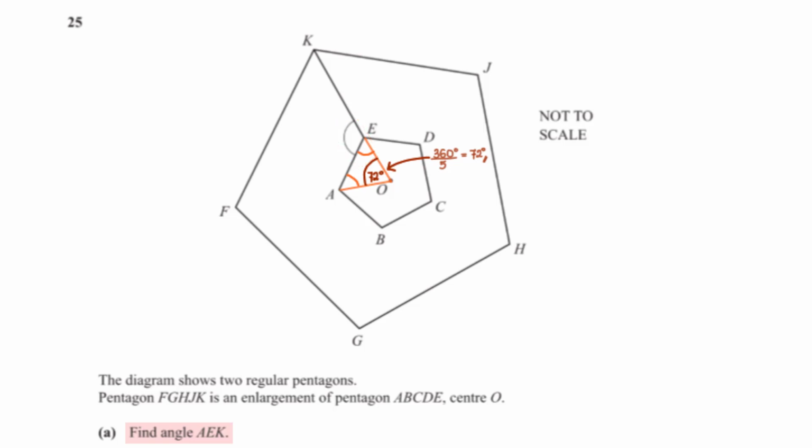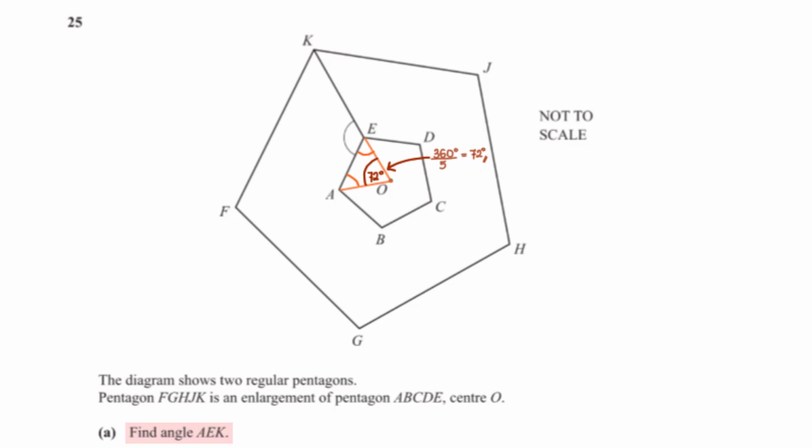The pentagon ABCDE can be split into 5 congruent triangles. This means angle AOE is 360 degrees divided by 5, which is equal to 72 degrees. The lengths OA and OE are equal. This makes triangle AOE an isosceles triangle.